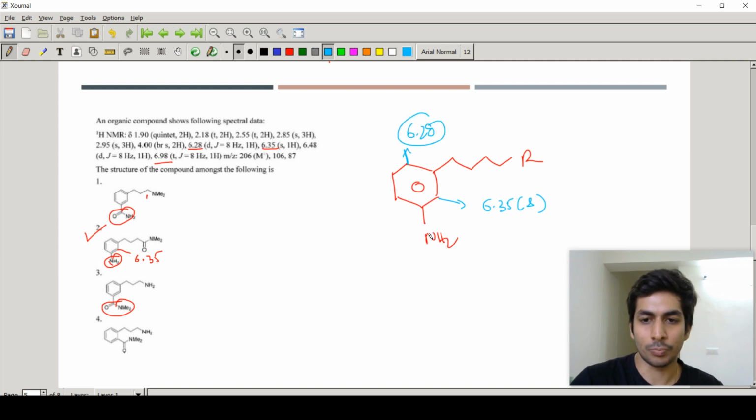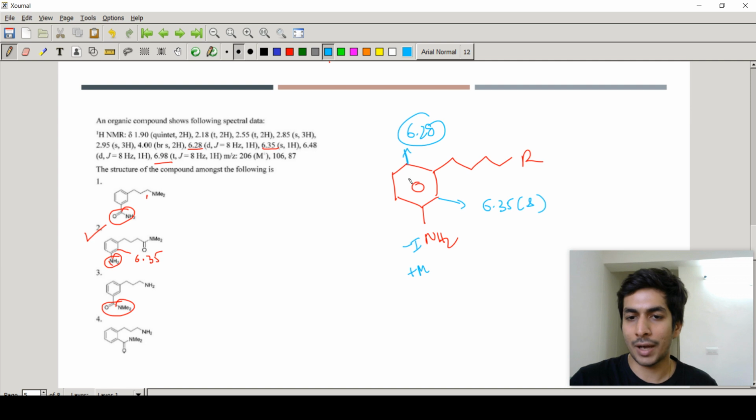So at 6.28 basically it will be this proton, because NH2 is an ortho para directing group, so it will increase the electron density at this hydrogen. But also, due to the minus I effect, it will still have some electron density withdrawn from this hydrogen.